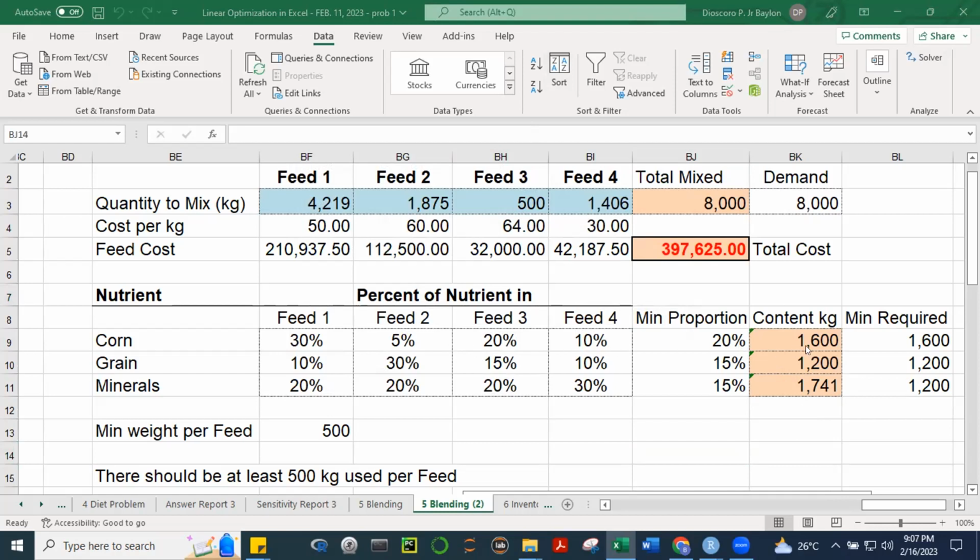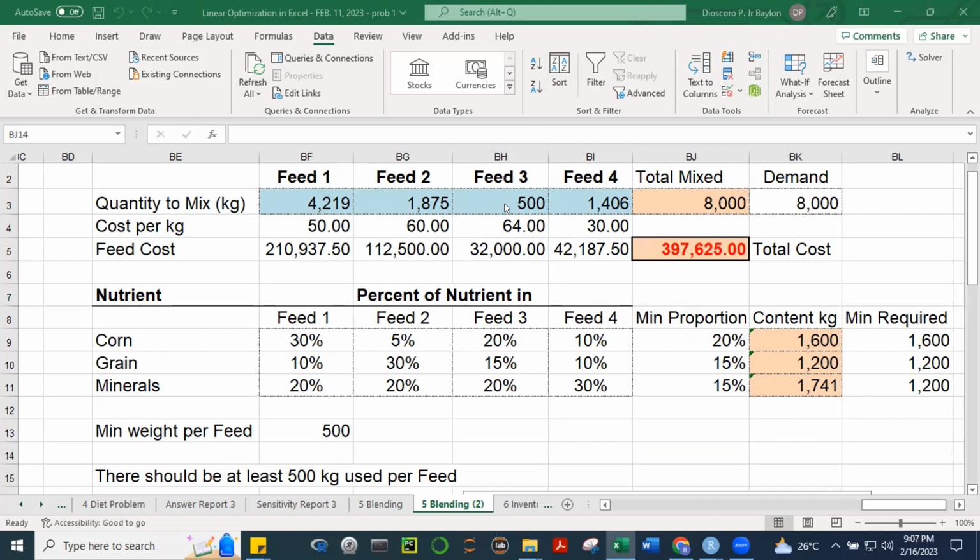So you have the minimum content for corn, grain, and minerals. Everything is met, and for the total quantity, 8,000, everything is met.